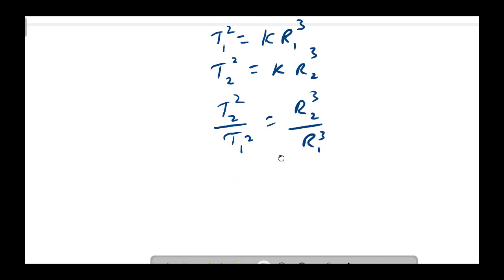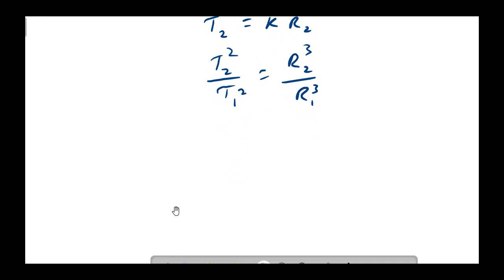We have to find R2. So R2 cube would be equal to R1 cube into T2 square upon T1 square. Now R1 is equal to r.